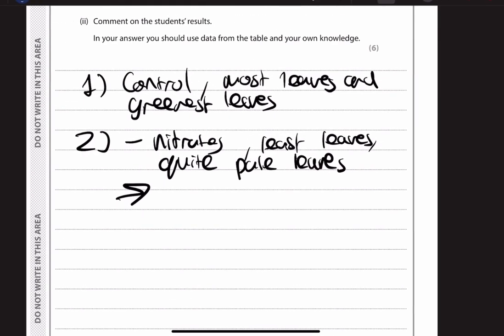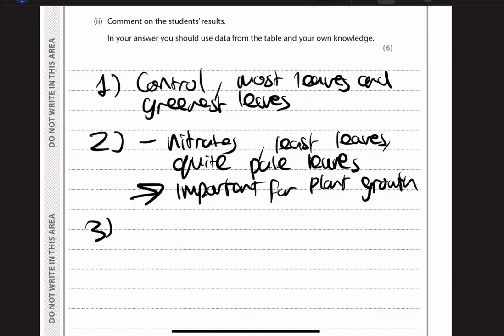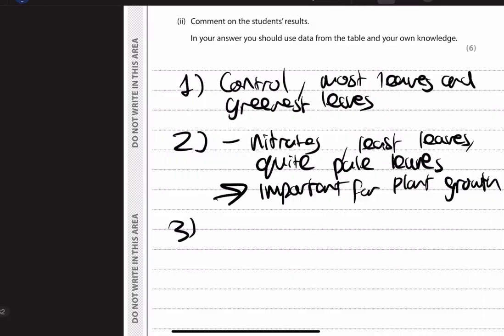Now, if nitrates are important for plant growth, that quite directly explains why we're seeing that nitrates have the least leaves, because the plant isn't able to grow as much due to the absence of nitrates. So important for plant growth. For plant. Right? Which is why we're seeing the reduced plant growth in terms of less leaves in the plant that's deficient in nitrates.